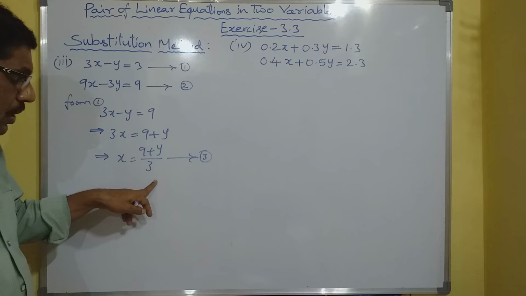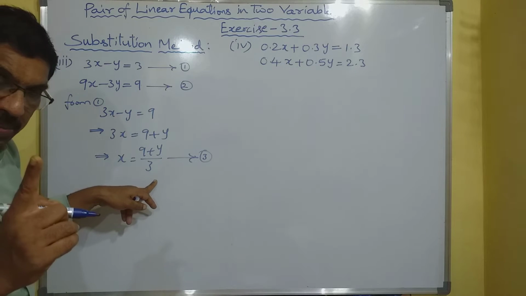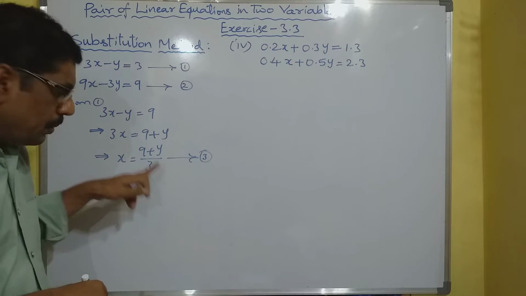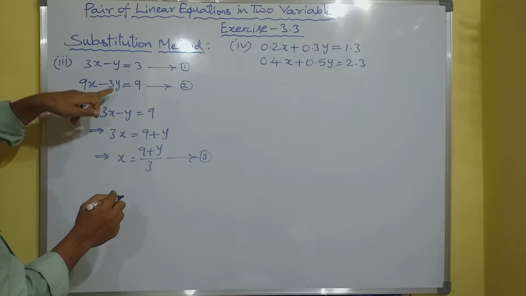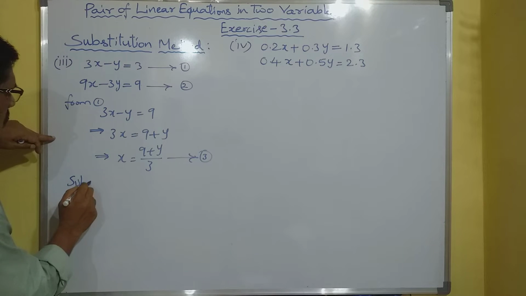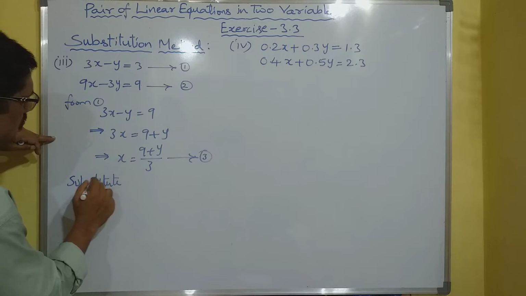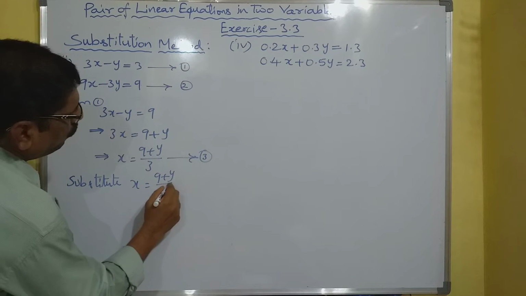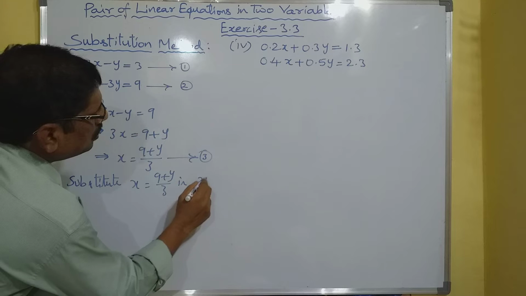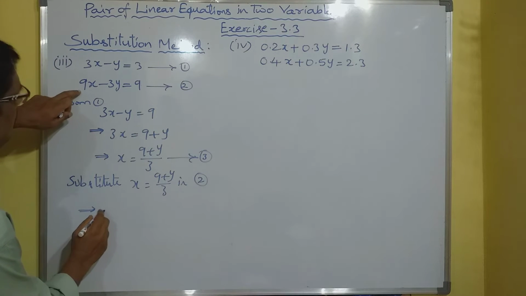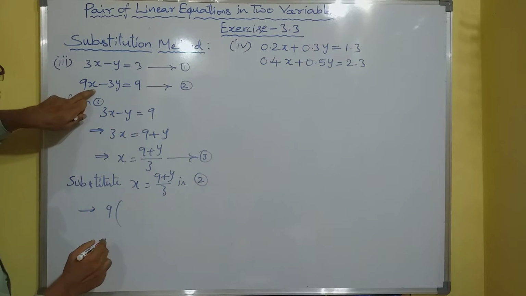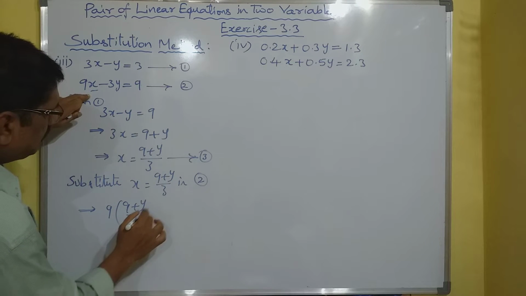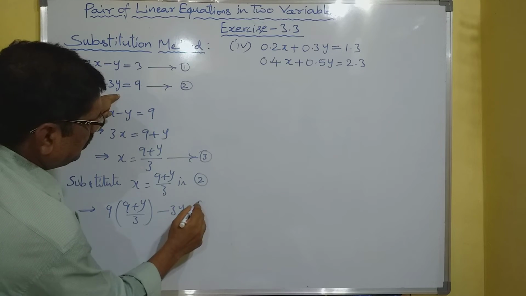Now this x value we have to substitute. Remember the method which we have used in the previous problems. So x is equal to 9 plus y by 3. Let us substitute this in the equation 2. So this implies we get, in this place we have to substitute x value. What is the x value? Here we have to write 9 plus y whole by 3 minus 3y is equal to 9.